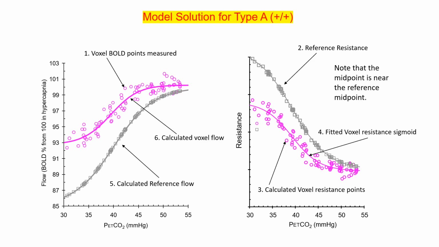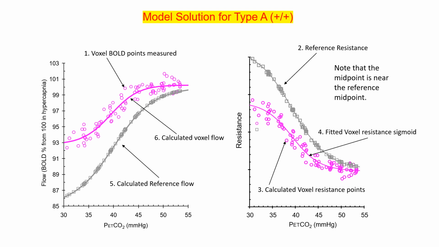Here is the model solution for a type A voxel BOLD response to carbon dioxide. The left graph plots flow against partial pressure of carbon dioxide, and the right graph plots resistance against partial pressure of carbon dioxide.